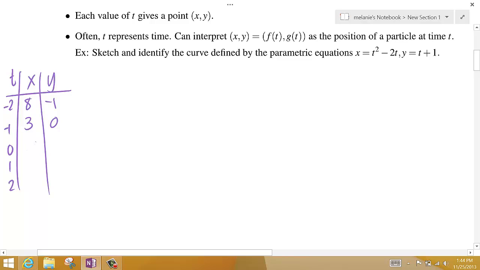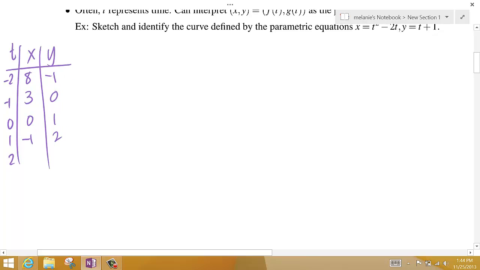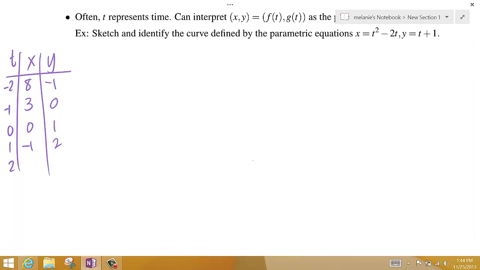If t is 0, x is 0, y is 1. If t is 1, x is 1 minus 2, so it looks like -1, and y is 2. If t is 2, x is 4 minus 4, I get 0, and y is 3.